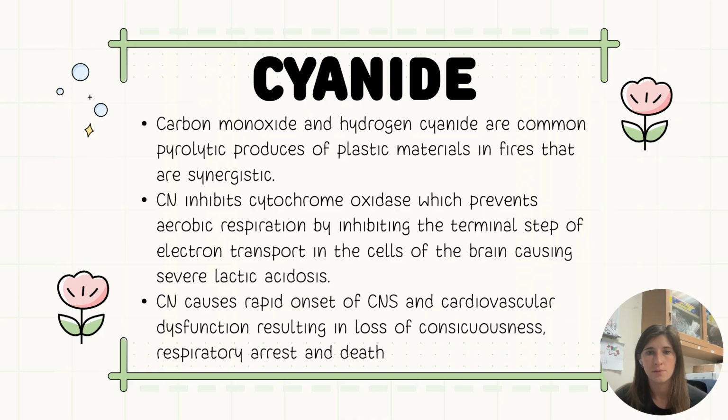The last step of cellular respiration results in a really high output of energy, and when we inhibit that part of the electron transport chain, we're stopping that energy from being made. And again, like we were talking about earlier, we're still increasing the amount of reactive oxygen species and oxidative stress that the cells are being exposed to.